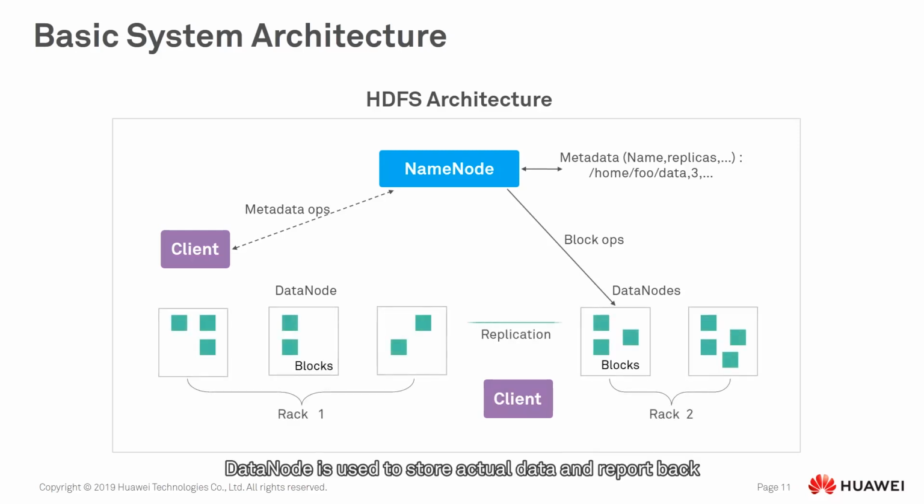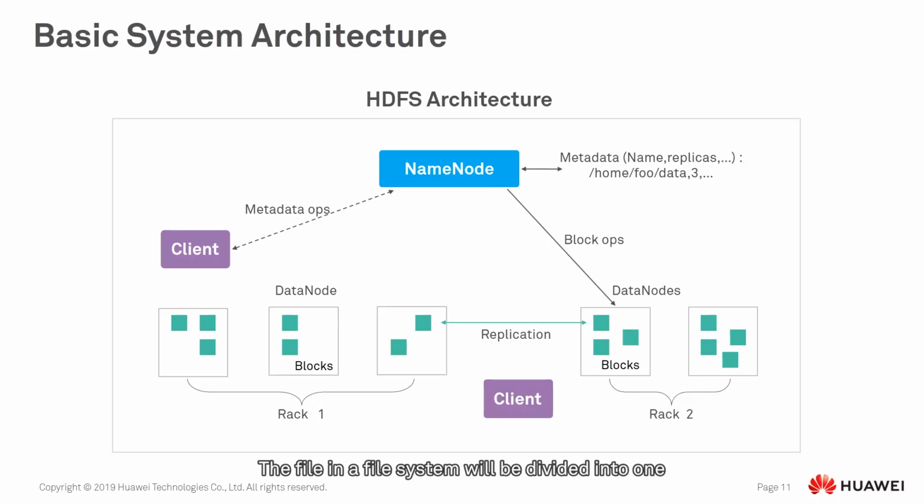Data node is used to store actual data and report back to the name node with data blocks under its management. They also perform operations such as block create, delete, and replicate according to the instructions of the name node. A HDFS can run multiple data node instances. And inside of a data node, there are blocks, which are the minimum amount of data that HDFS can read or write.